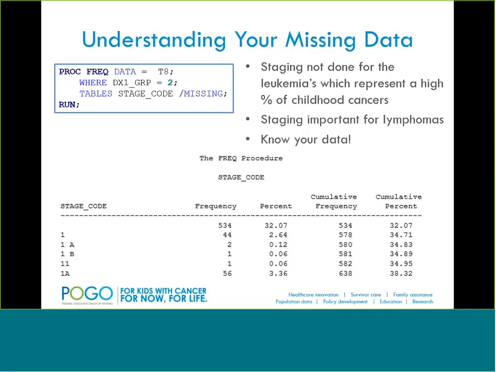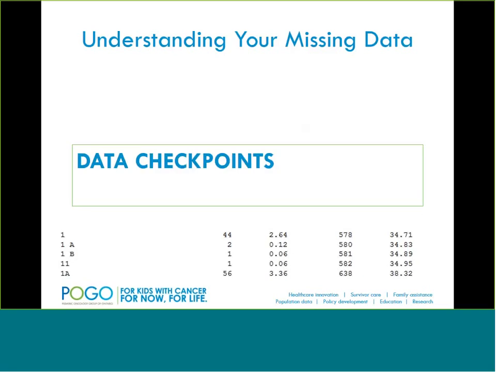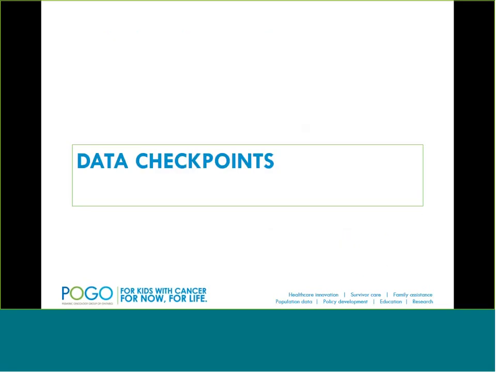It's critical to know that missingness versus not applicable are not the same. We need to know the difference and when each scenario is applicable when looking at missing data and determining how we actually clean it. So once we look at our missing data, it's good to create data checkpoints when we are actually cleaning.